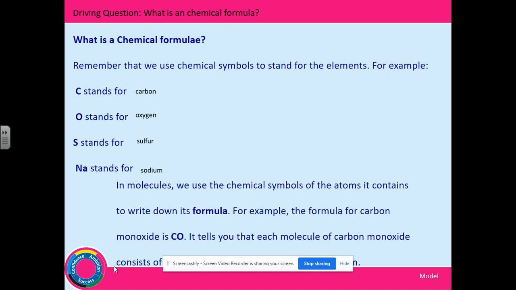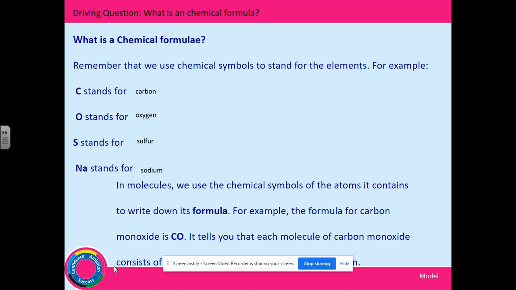Now, in molecules, we use chemical symbols of the atoms it contains to write down its formula. Based on previous lessons, we've looked at the word molecule.